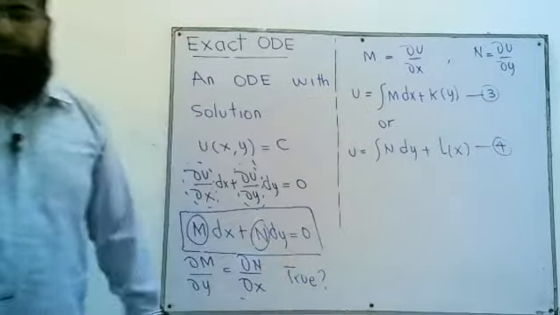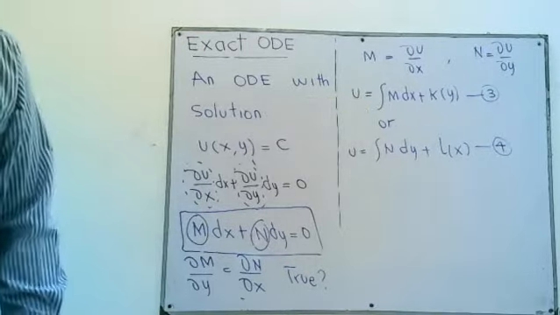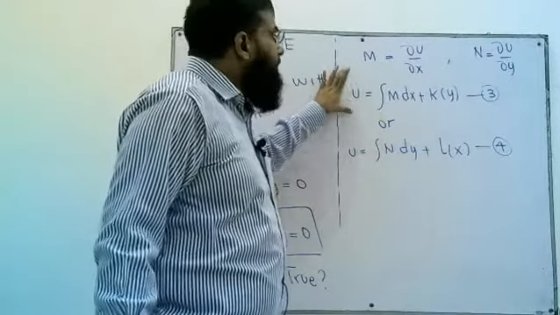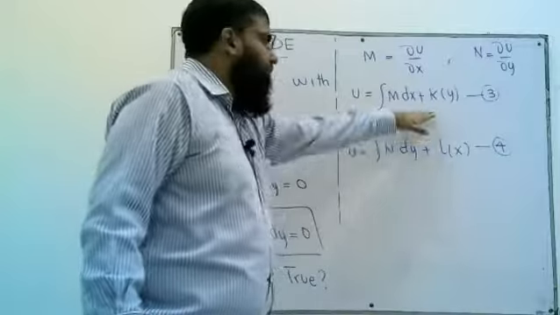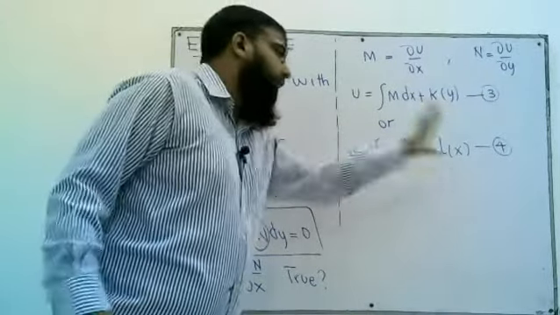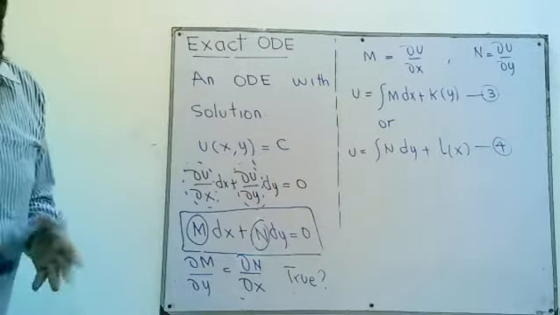It's that easy. Of course, if we consider this as the solution, we have to find k of y, and if we consider the other, we have to find L of x, and we can do that very easily.